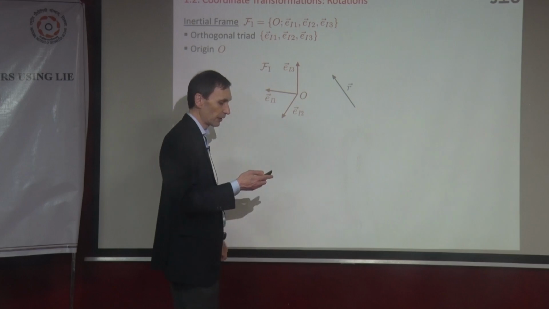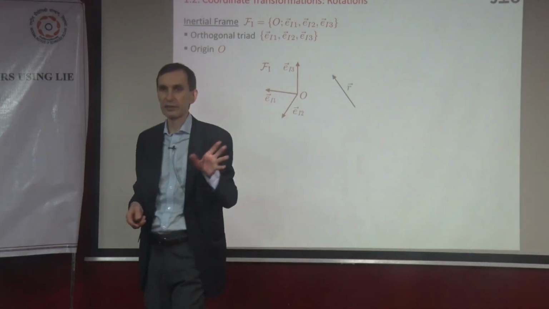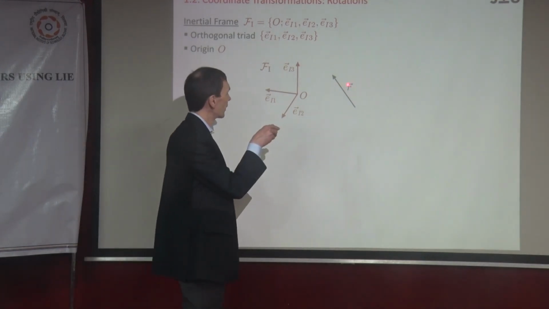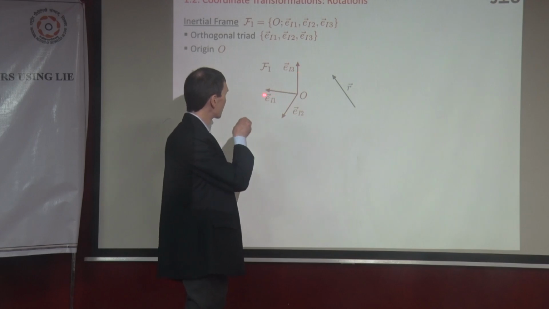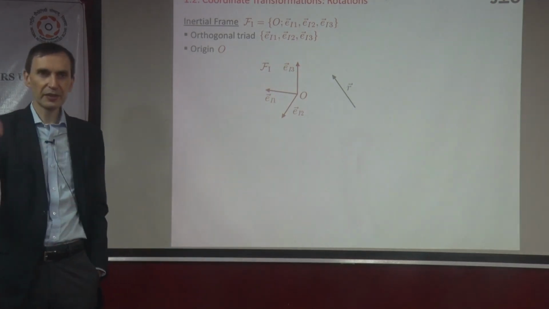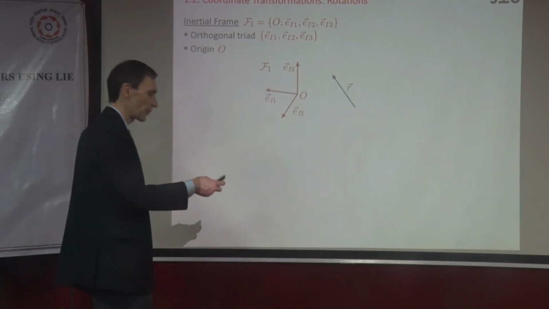Okay, so good. Let's say we are given a vector, just any vector r. When I have this arrow on top of it, this means a geometric vector, something you cannot really pinpoint with numbers. It's just a concept of a vector.